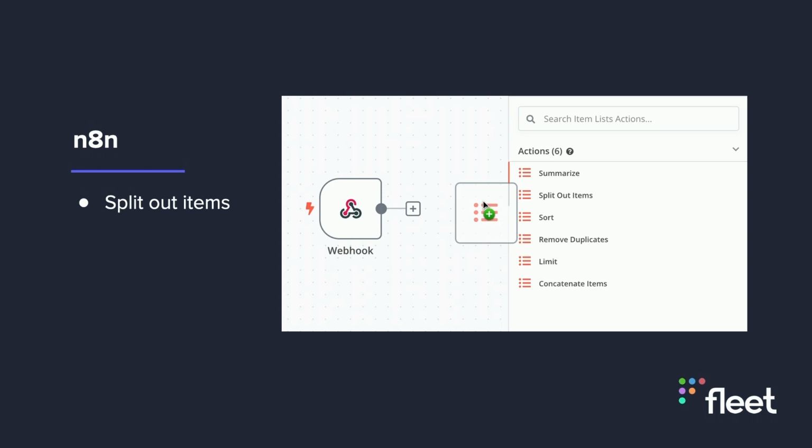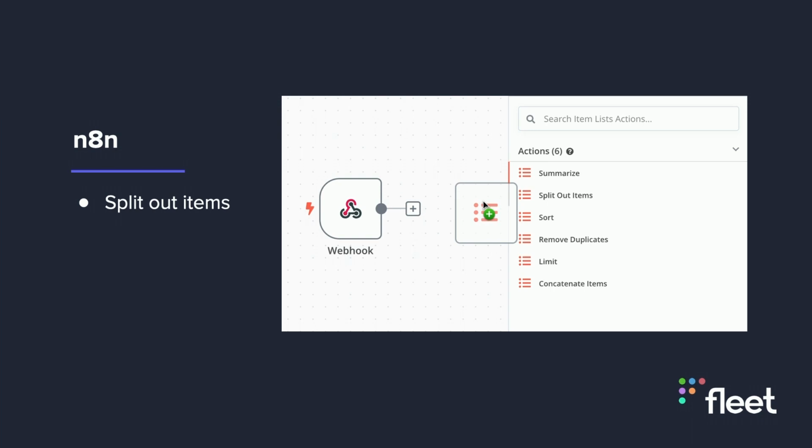So again, we have the possibility of a policy failing with multiple devices. So we're going to get a chunk of JSON back that has multiple devices, and I need to do something with that. So the first action I want to take is split out those items.